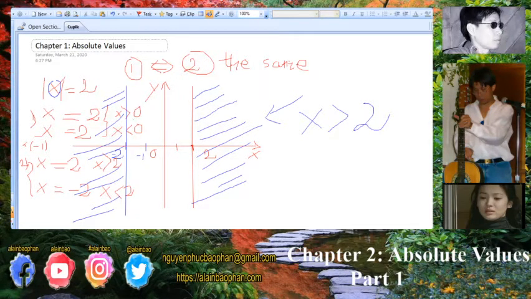So this part right here is x equal minus 2. Okay, so we have to break it down. Absolute x equal 2 means x equal 2 and x equal minus 2. So these straight lines right here, this is the blue line and the red line.